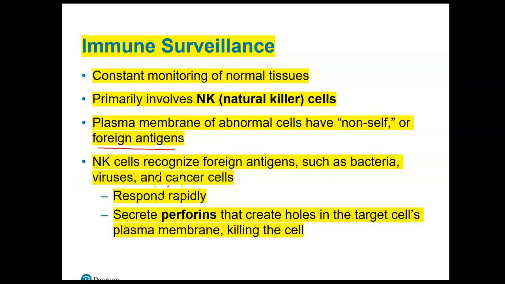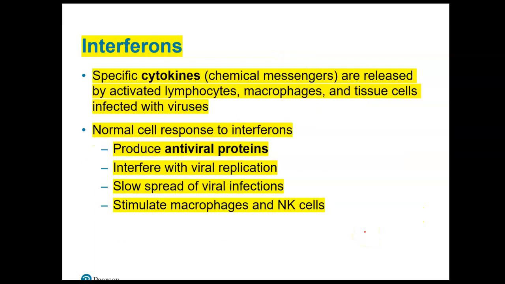Cells infected with viruses and cancer cells will have different antigens on their surface than the normal tissue cells. And they respond very rapidly. They secrete chemicals called perforins that create holes in the target cell's plasma membrane, and that will kill the cell. So that's what NK cells do.